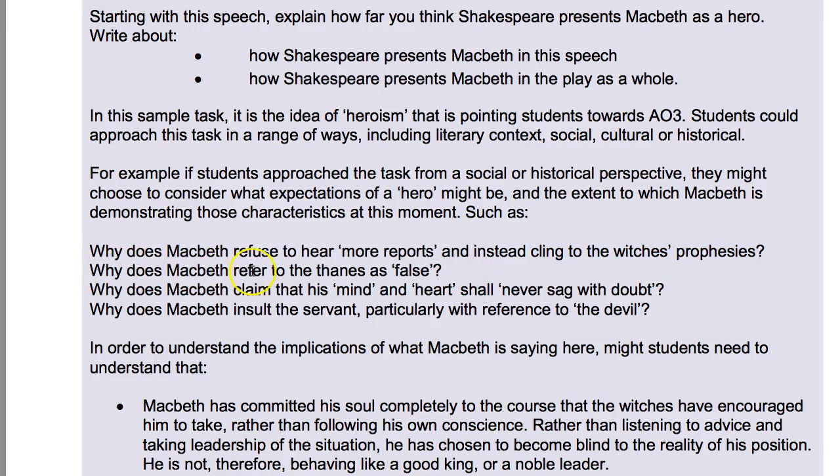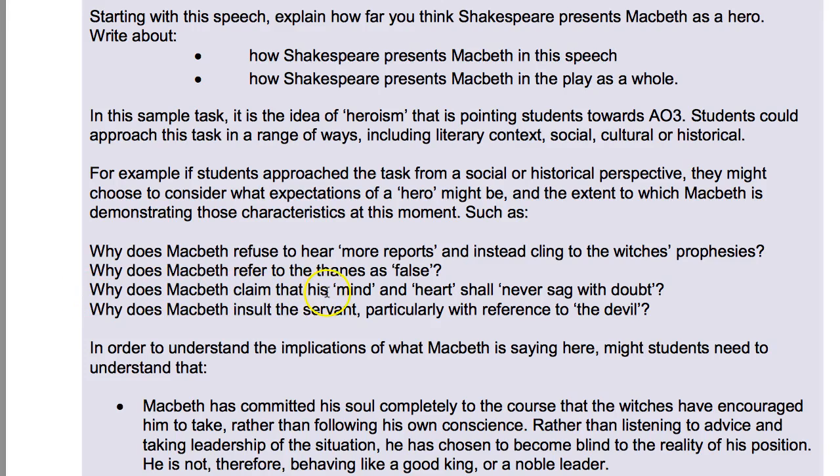Why does Macbeth refer to the Thanes as false? Well, because they are traitors to him, but perhaps also because they have been pretending to be on his side, just as he has been pretending, like Lady Macbeth encouraged him, to look like the innocent flower but be the serpent under it.